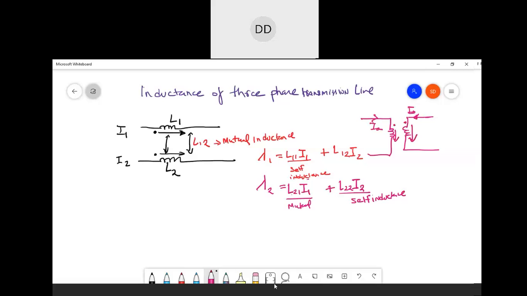And one very important thing you notice over here: if I connect a voltmeter, with this arrangement I have seen lambda 1 is L11 I1 plus L22 I2.